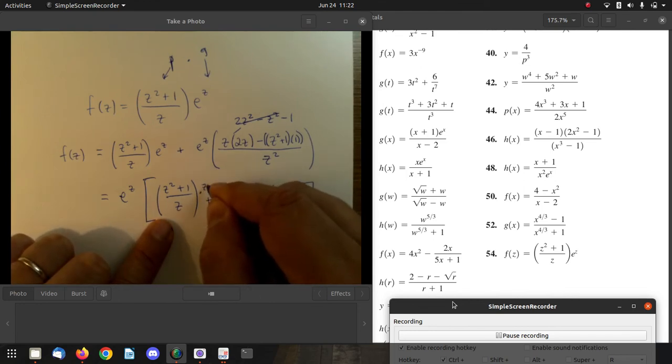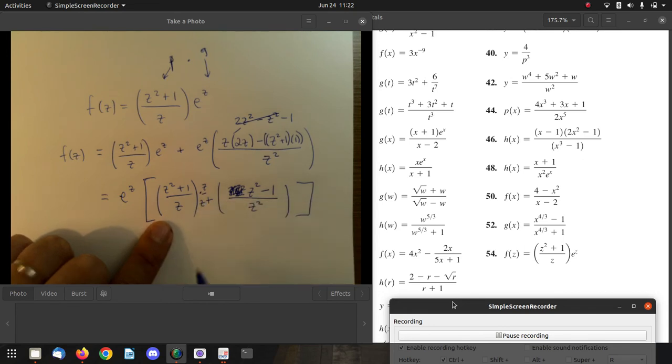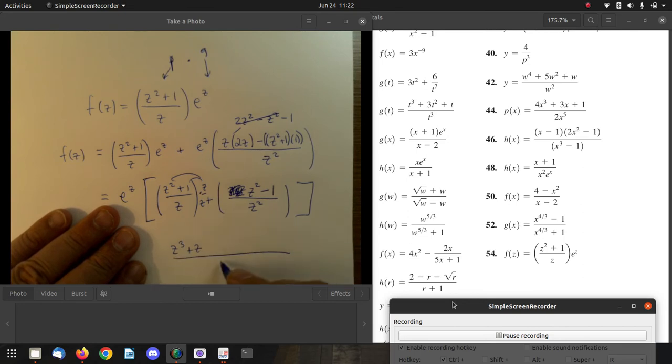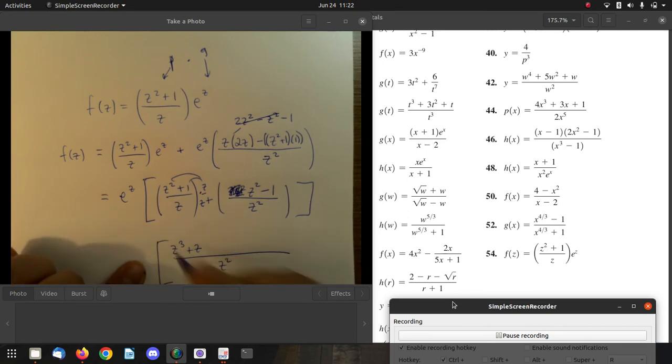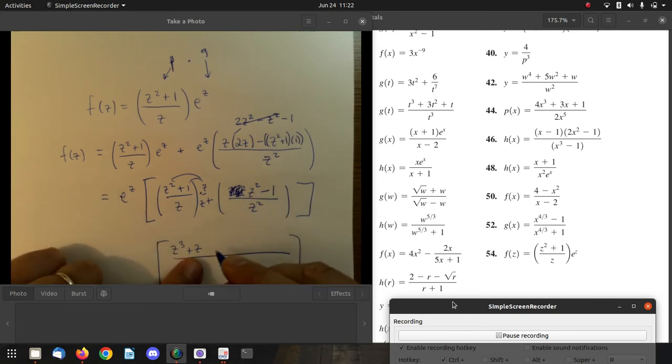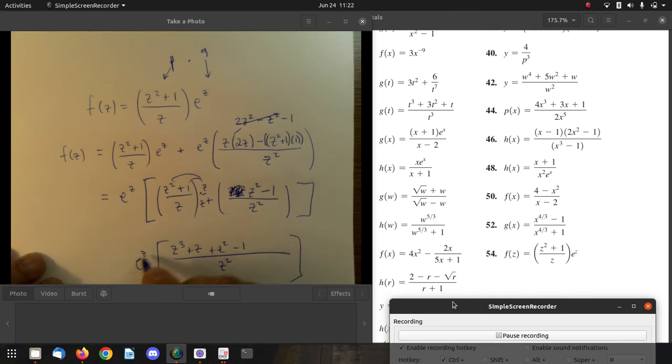So we multiply this guy over by z over z, giving me z cubed when I distribute it, plus z. Everything will be over z squared now. And then I add my plus z squared, my minus 1, and I drop down my e to the z, and put my f prime of z.